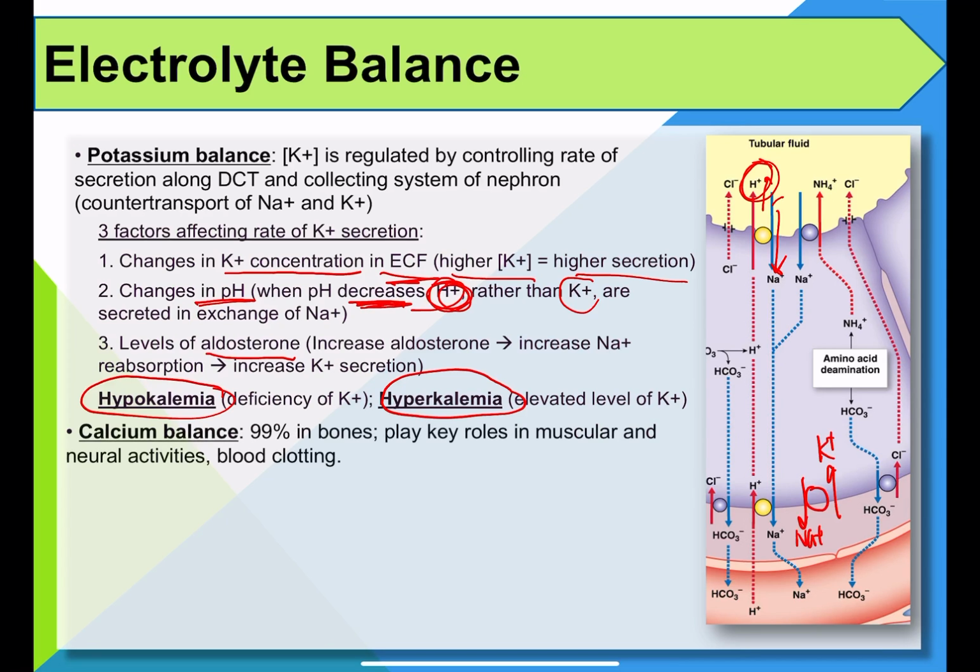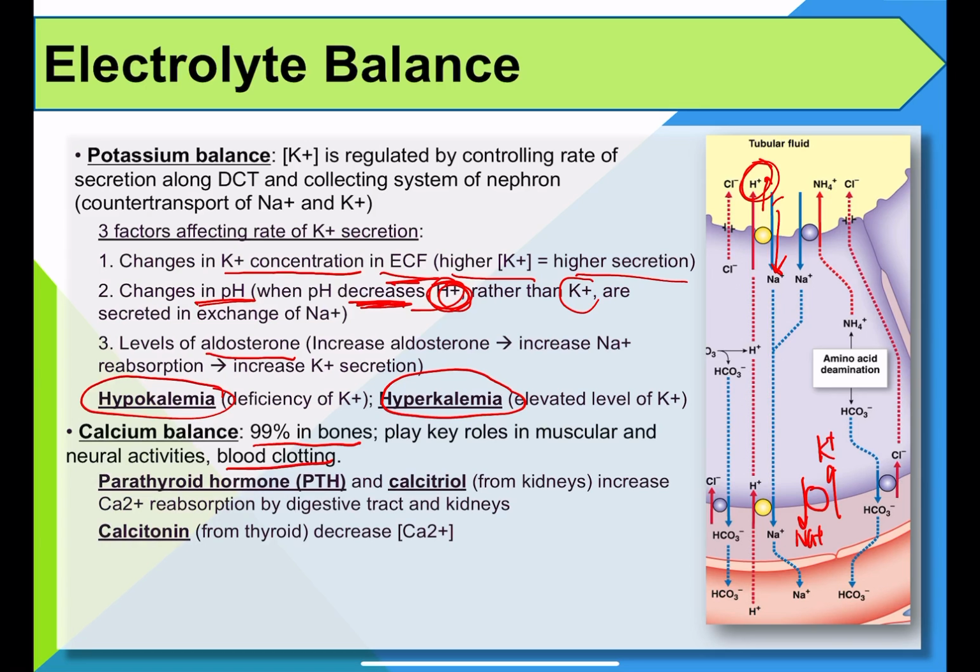The last ion we'll talk about for electrolyte balance is calcium, which we all know is 99% stored in your bones and plays key roles in muscular and neural activities, as we have learned in 2401 and also this semester when we talked about blood clotting.